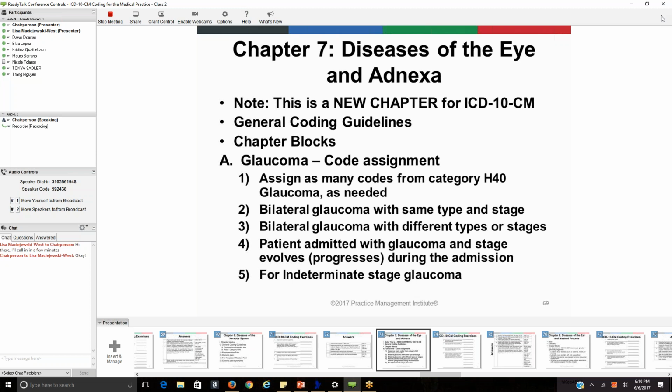Okay, and the way it's going to work is the same way it worked last night. We're going to review the chapter overall. We're going to talk about the chapter-specific coding guidelines for that particular chapter and some of the things that you have to pay particular attention to if you're coding in that chapter. And then we'll be shown 5 coding exercises, of which we'll do 1 or 2 depending on how much time we have.